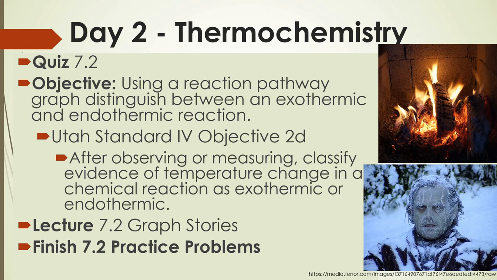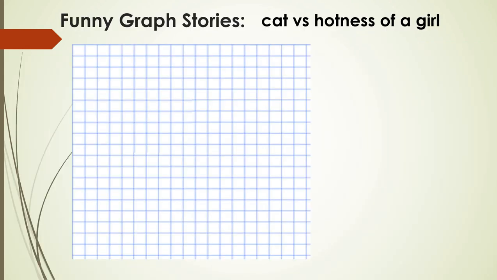So if you'll get your packet out, we're going to start with 7.2 and some funny graph stories. I'm going to get one here so I can follow along. So in your packet, we are right here, okay? And it looks like I am actually not where I need to be in the notes.